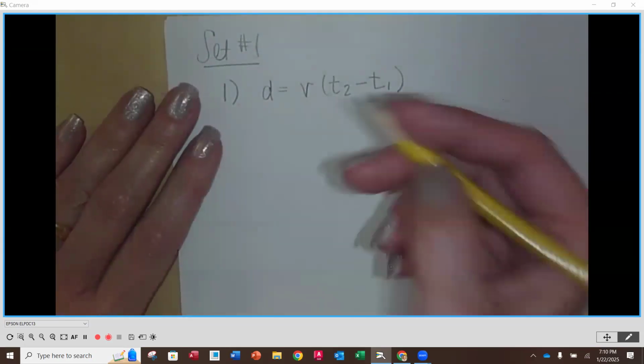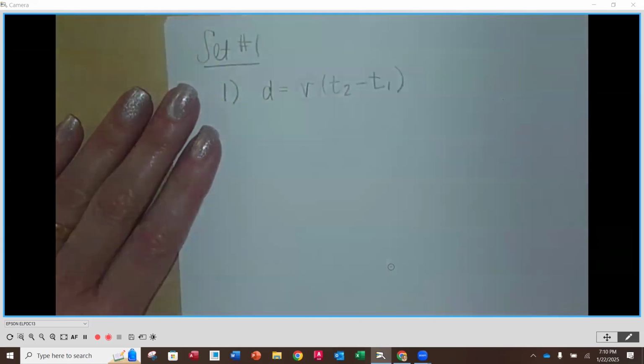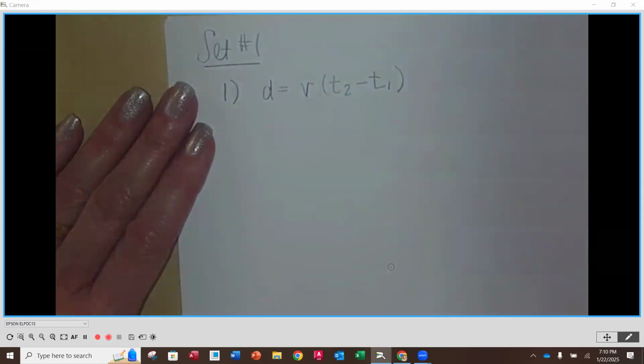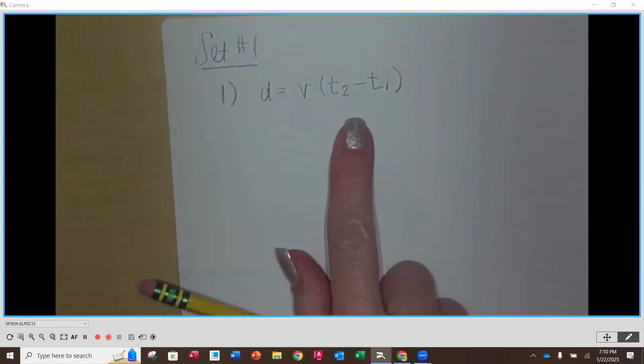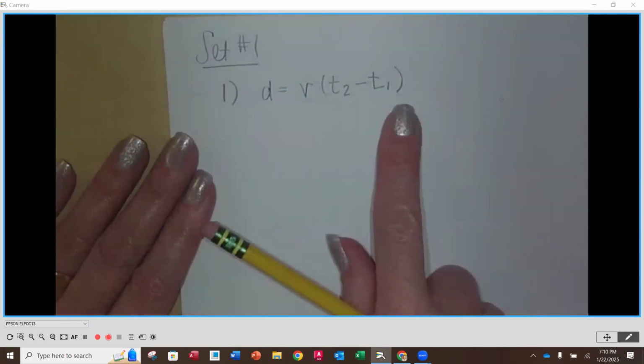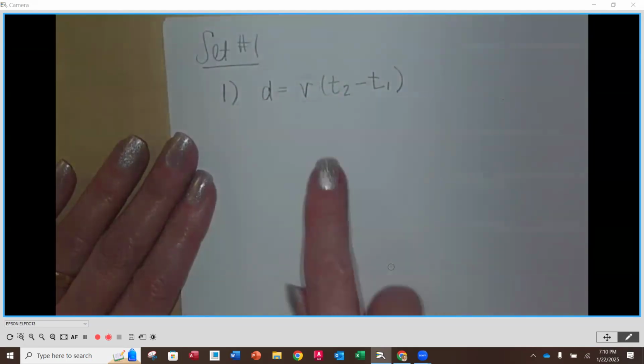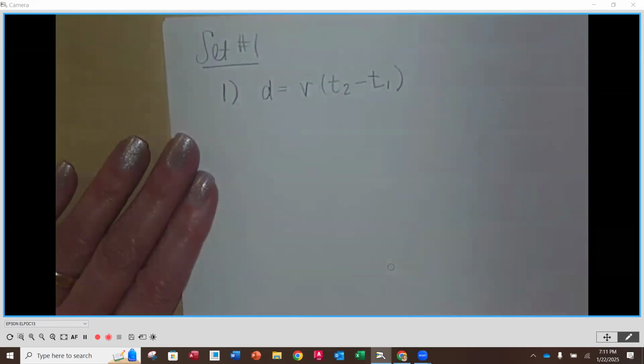I'm just circling it for our purposes right now, but I want to get V by itself. As we can see here, it's multiplied by T2 minus T1. Because it's a multiplication on the right-hand side, to get it over to the left-hand side, I like to say we're going to do the opposite. If it's multiplied, the opposite is dividing, right? So I'm going to divide both sides.